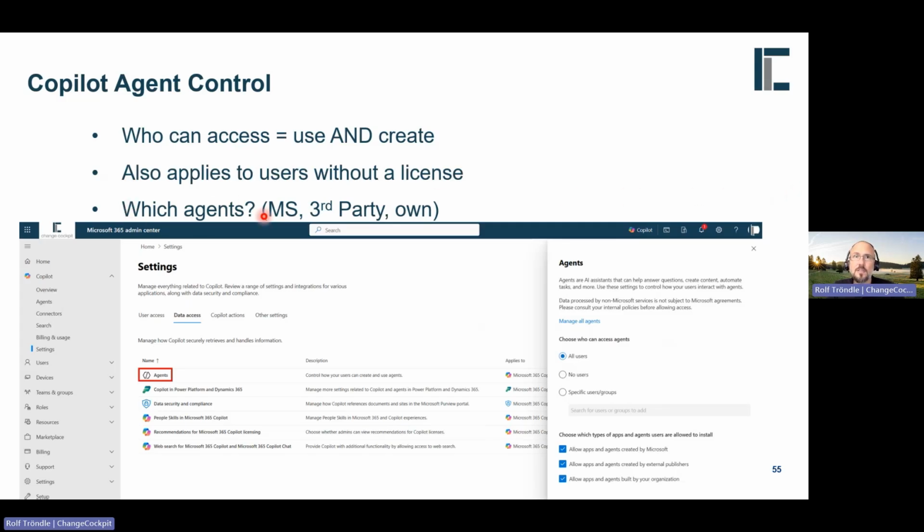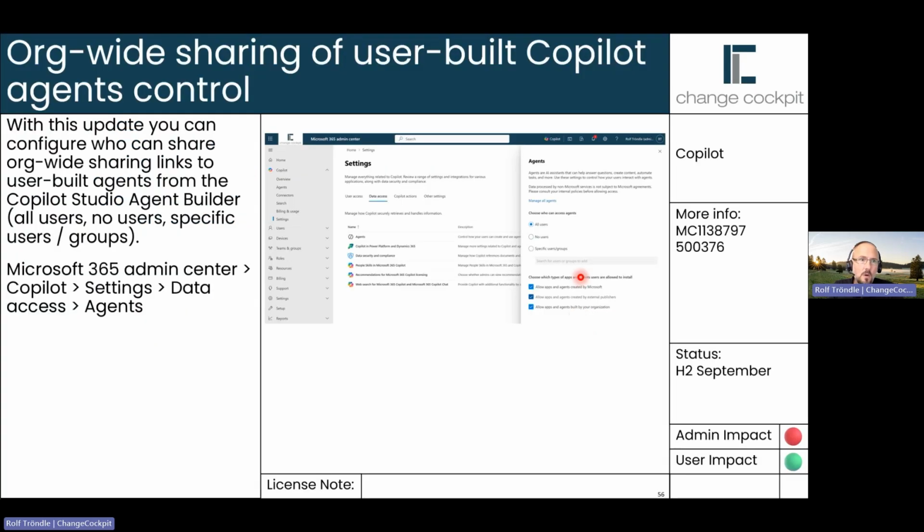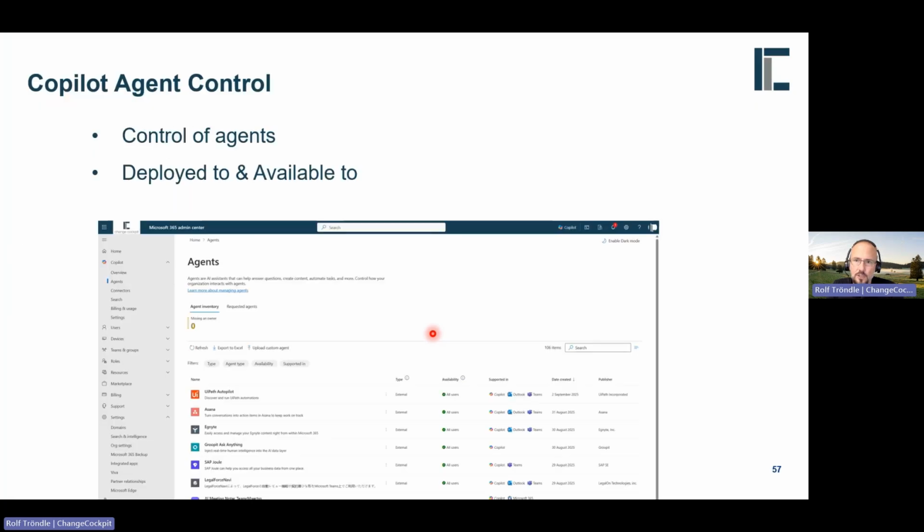And which agents, Microsoft, third party and own, can be controlled here as well. Then org-wide sharing of user-built Copilot Agents, I just mentioned it, will be rolled out in the second half of September. So you can then also define who will be able to share Copilot agents within the organization.